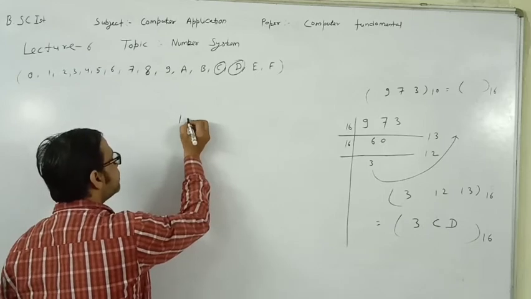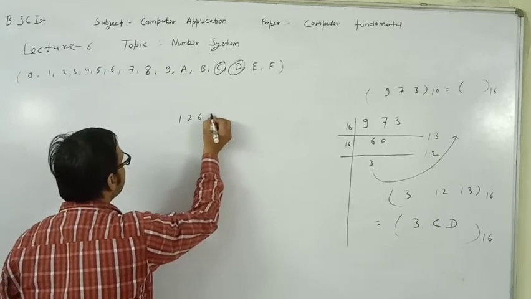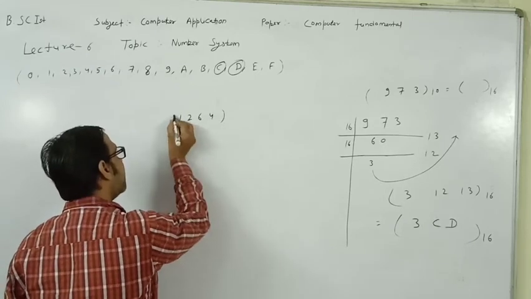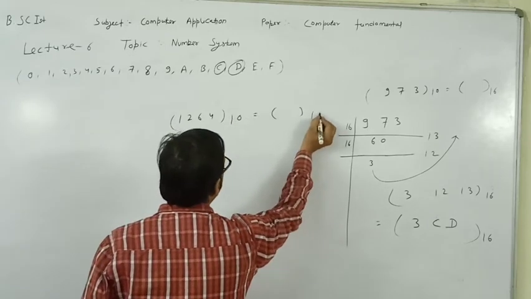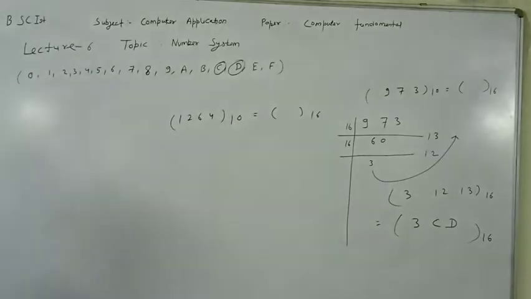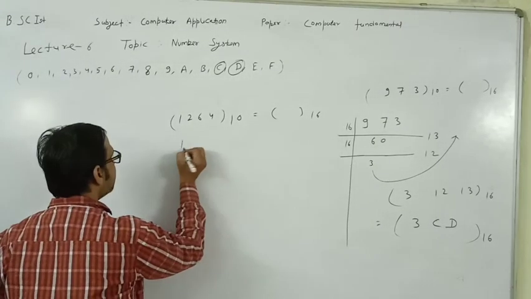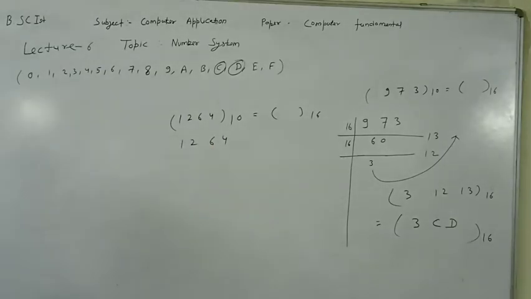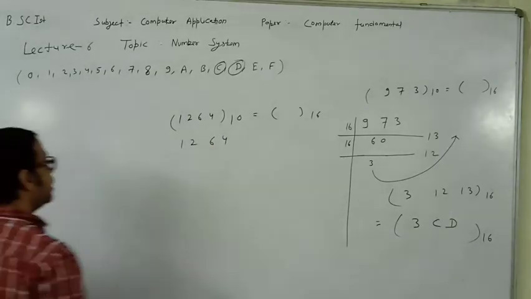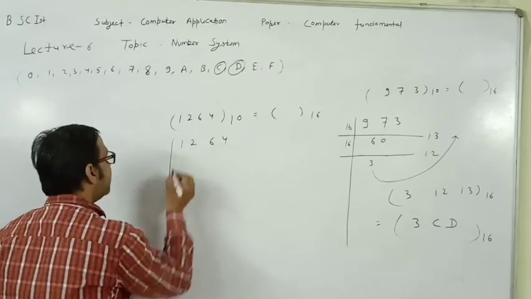1264, and you have to convert this number into a hexadecimal number. Now take this number 1264 and start dividing by 16.